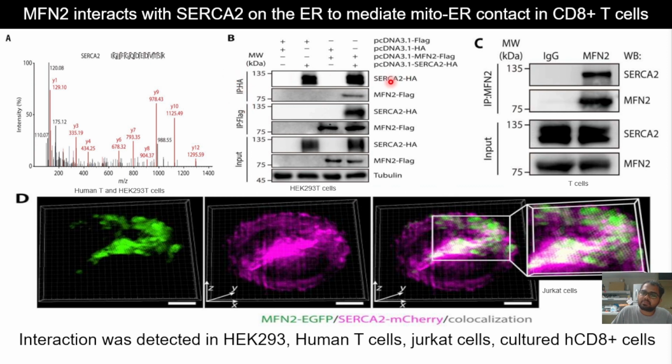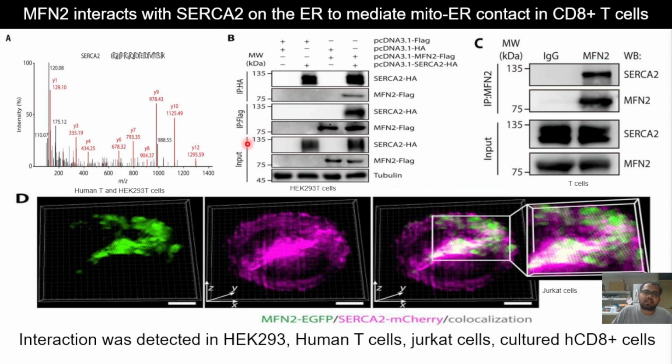HA is SERCA, so it is present in these SERCA2 expressing HEK293T cells. We can see it here. It is also present here with MFN2 and SERCA2 co-expressing cells, and the band is bigger. It means that they are interacting.